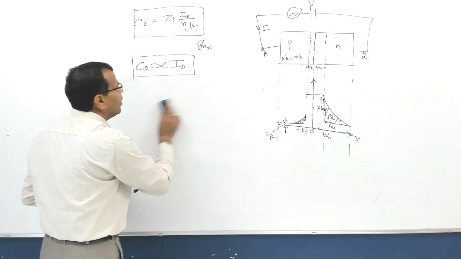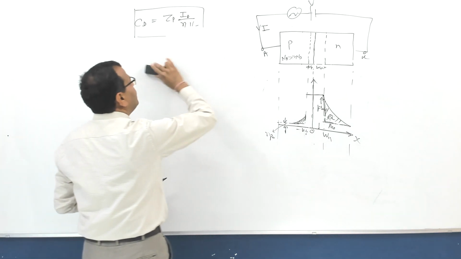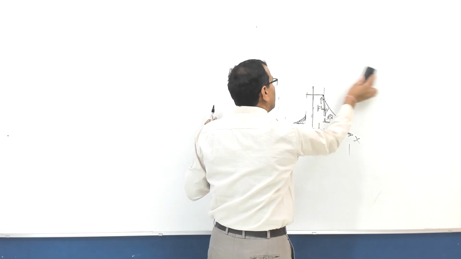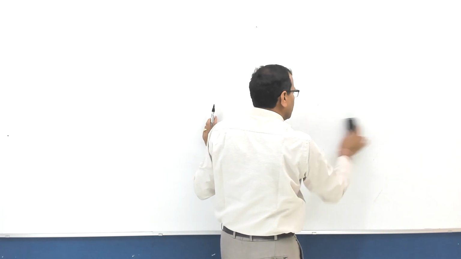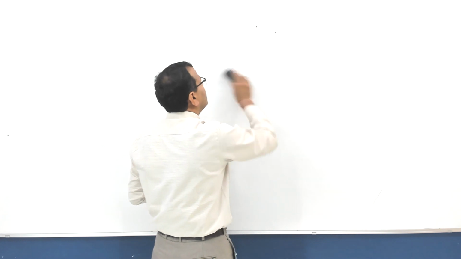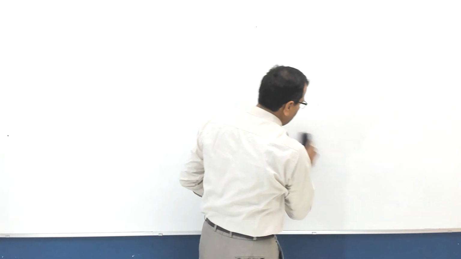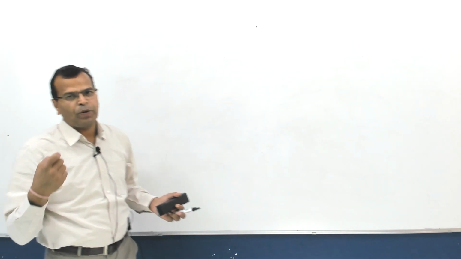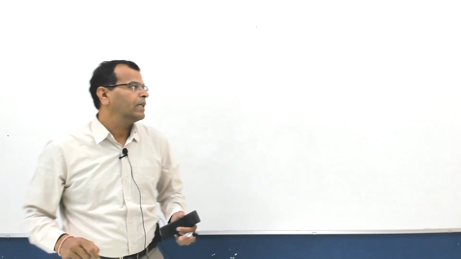So this is all about your diffusion and transition capacitance of a diode. And this diffusion capacitance can be the dynamic capacitance as well when your diode is superimposed with an AC signal.